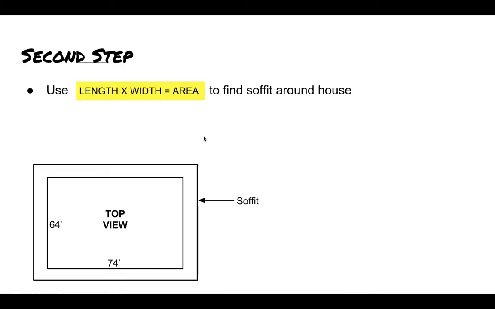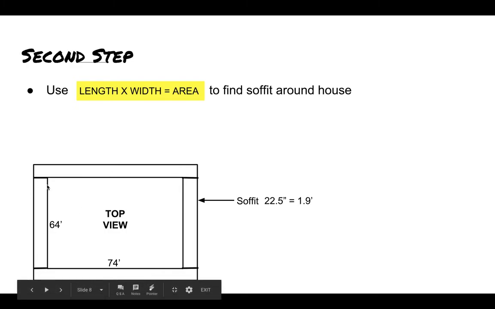Now that we have the soffit, we will do the real work. We must now use the length times width equals area equation to find the soffit around the house. To make my life easier, I converted the inches of the soffit to feet. 22.5 inches converts to 1.9 feet. Now I have split up the sides of the house, and this side will be 64, but the bottom and top sides will actually be longer.